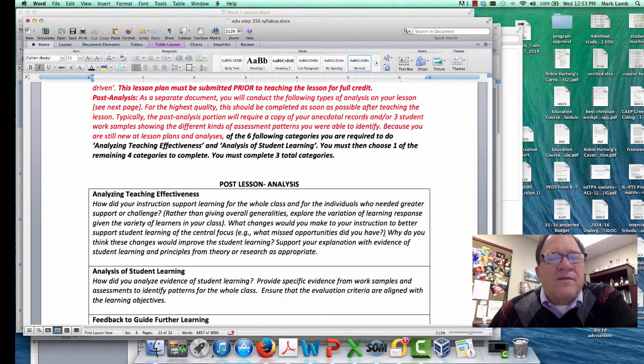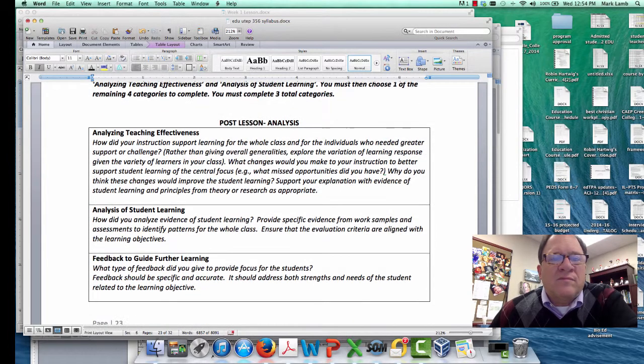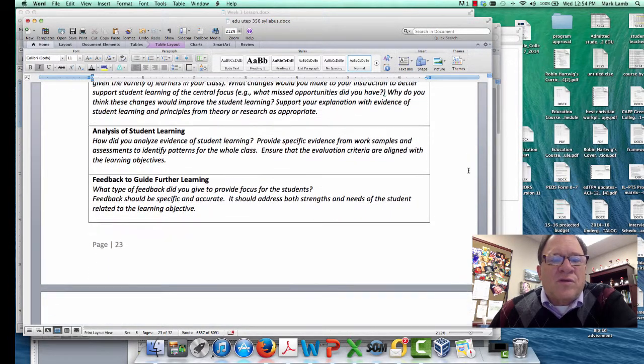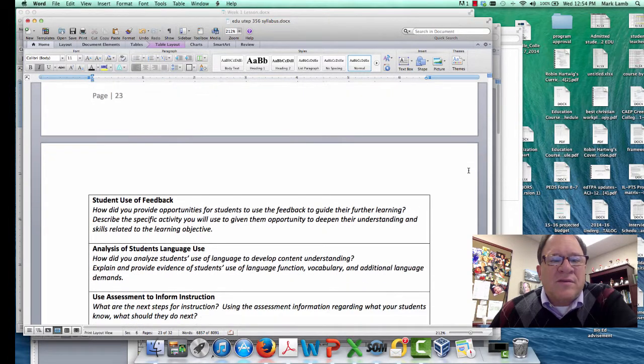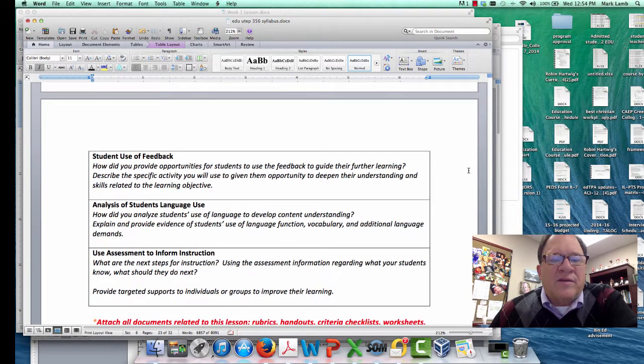Okay, again, of the 6 following categories, you're required to do analyzing teacher effectiveness and analysis of student learning, and then you must choose one of the remaining 4. So these first 2, everyone will do, and then you will choose which other kind of assessment of your teaching you would like to do.